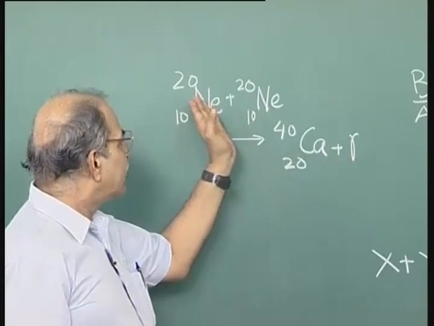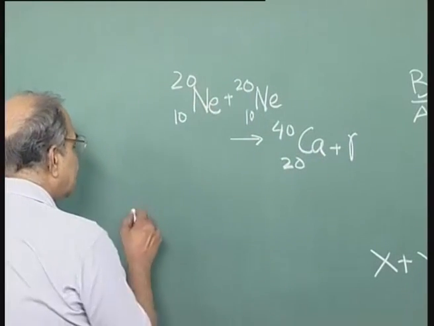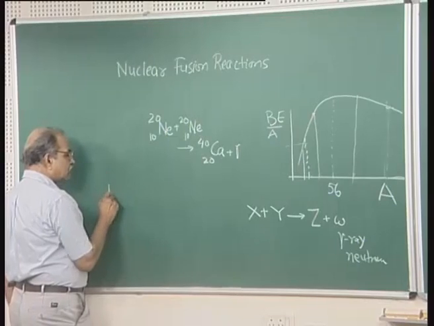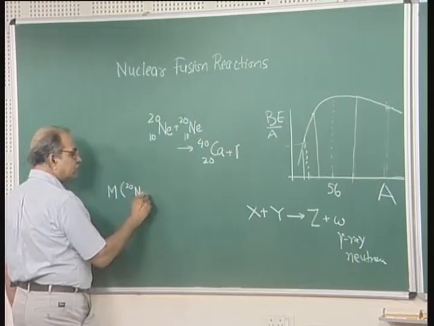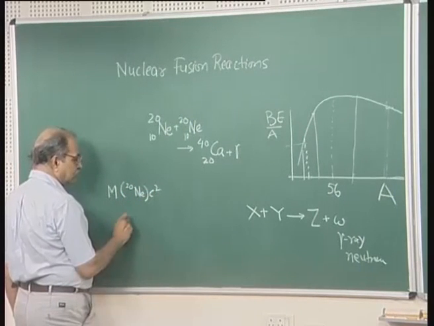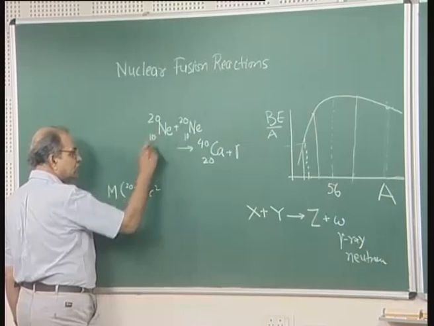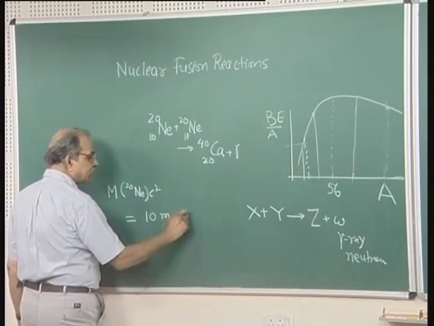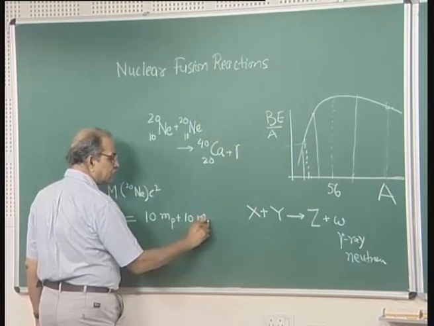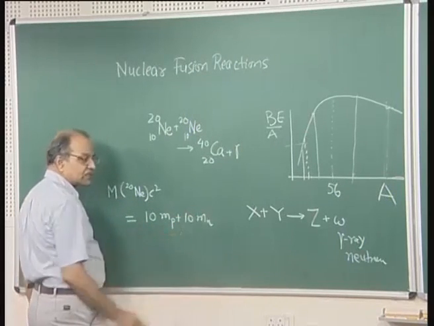So, if I look at the rest mass energy on the left, it will be the mass of this 20 Ne, times c squared. You have 10 protons, so 10 Mp plus 10 Mn, this is proton mass and neutron mass.